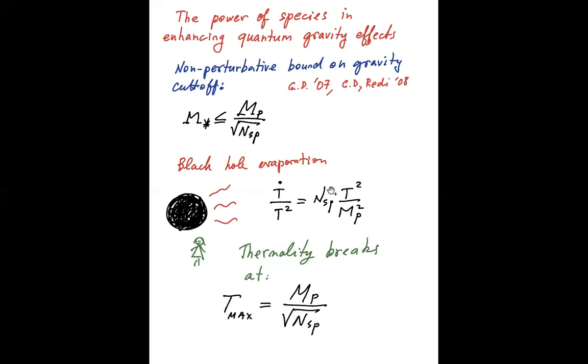But as you can see, the deviation from thermality is very small if the number of species is small. For example, let's take n equals 1 here. You see immediately that the measure of departure from thermality is 1 over n, or 1 divided by the entropy.